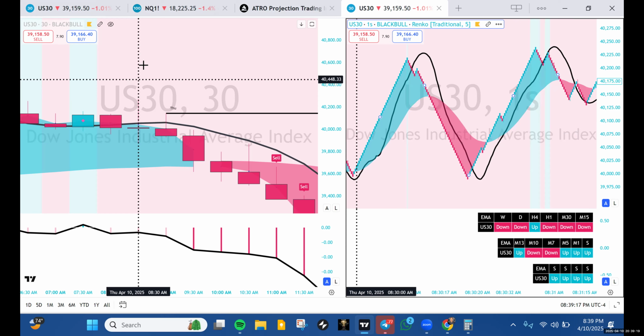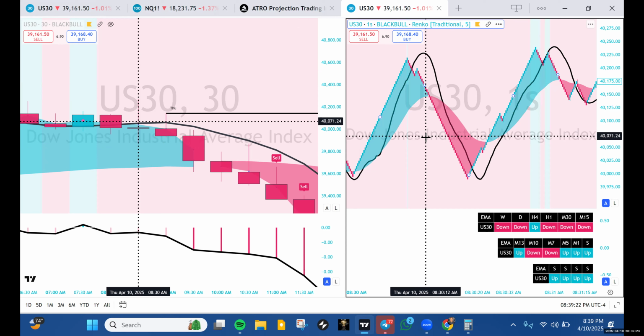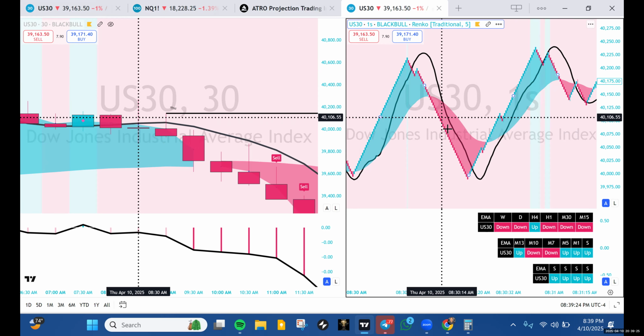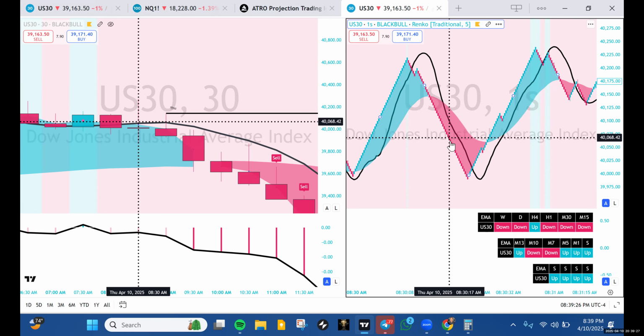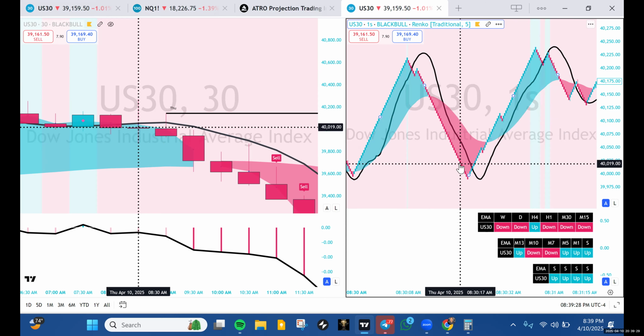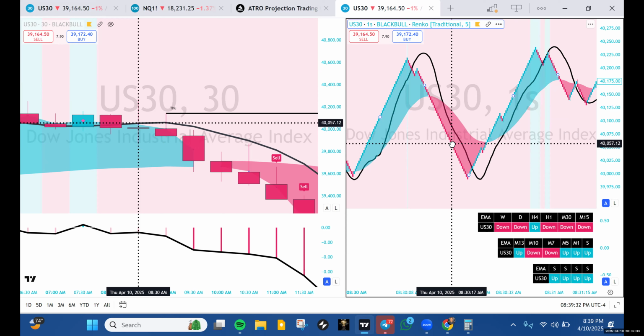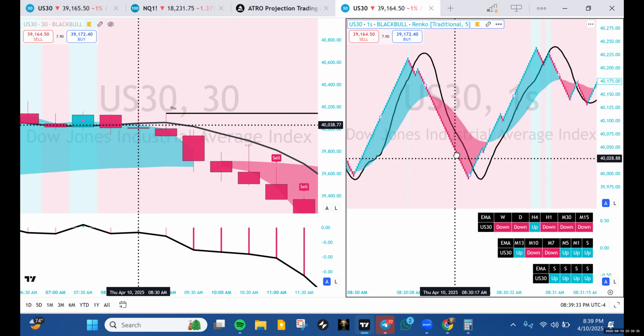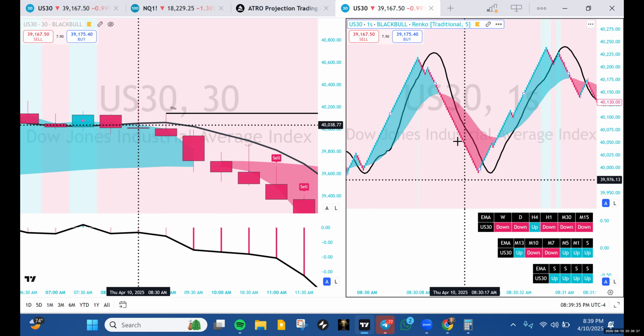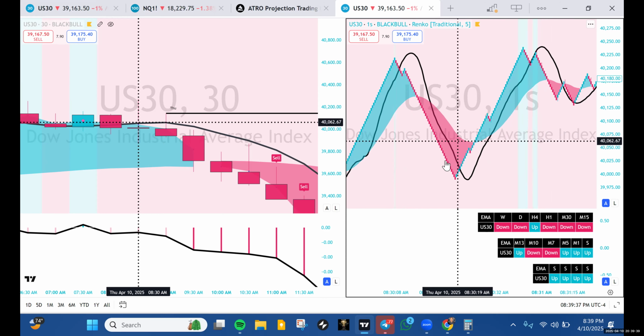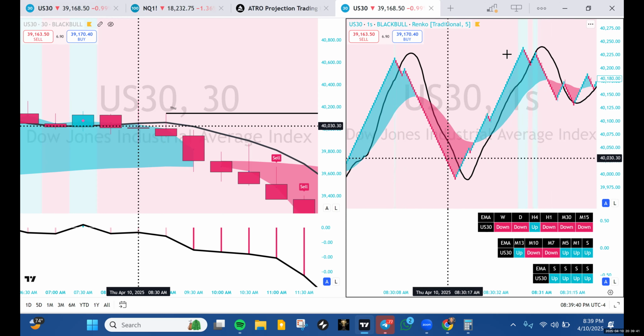So we have red background, blue foreground. So now we're in consolidation and can go both ways. This is when it crossed through the line. We had confirmation here. I don't know how many pips this is, but if I measured it, it would probably be more than 20 pips. We're looking at these bricks, right? I still don't know how to use the ruler when I'm zoomed in like this, but let's see.